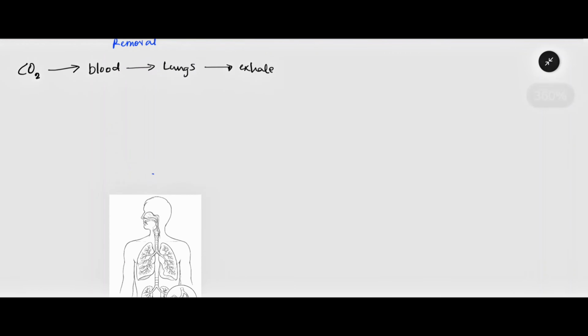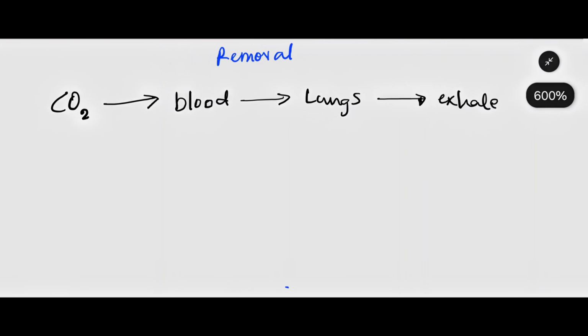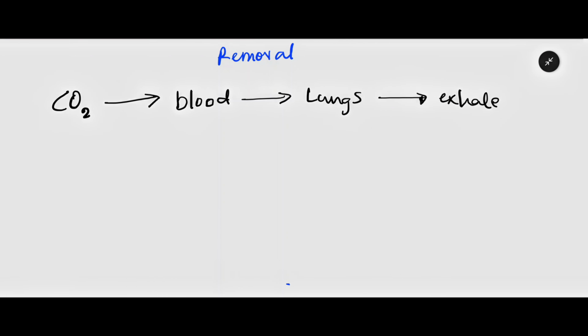Bringing oxygen in is one thing, but we want to remove the waste, and CO2 is waste. So it's just the reverse. CO2 gets moved out into the blood and then back to the lungs, and then you exhale, and that's CO2 gone from the body. And this carries on over and over again. Each time you breathe, this is what's going on.